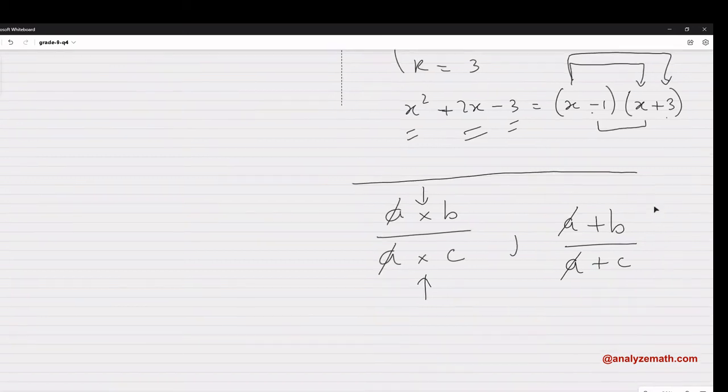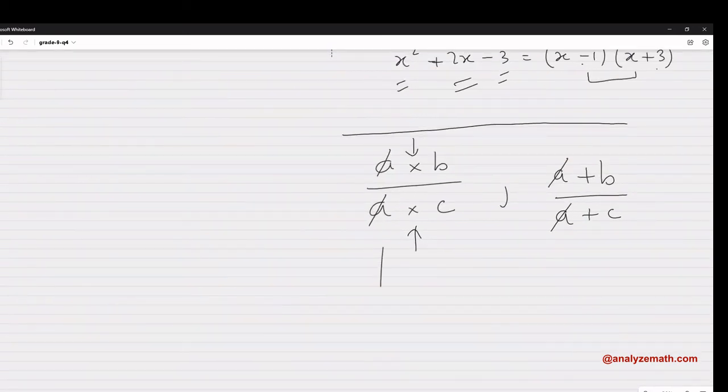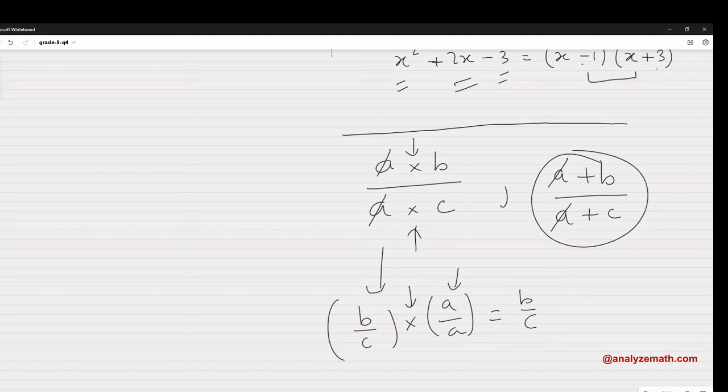Here we have seen why: this is like B over C, because I have multiplication multiplied by A over A. This gives me 1, and therefore all this is B over C. Here you cannot do it. So this is wrong. Always factor before you simplify rational expressions.